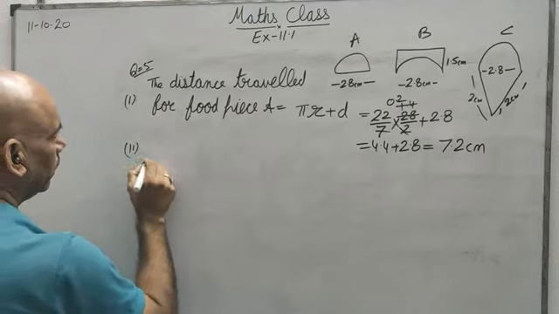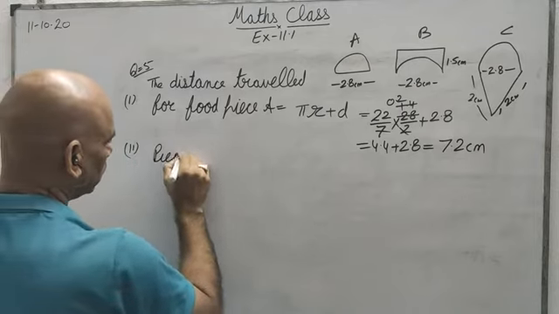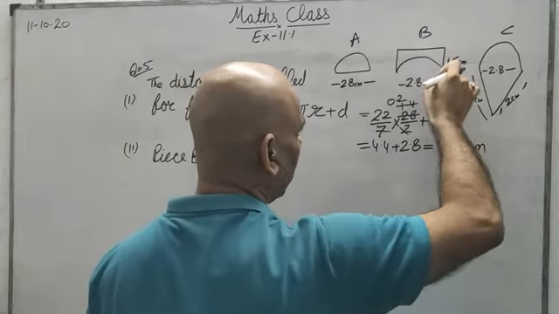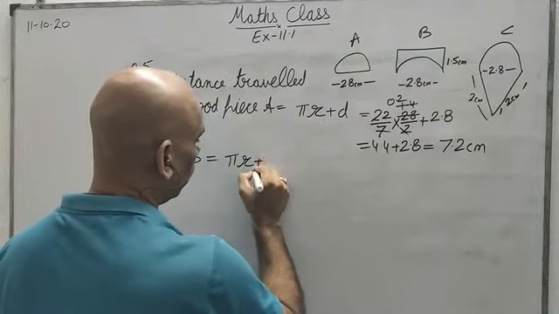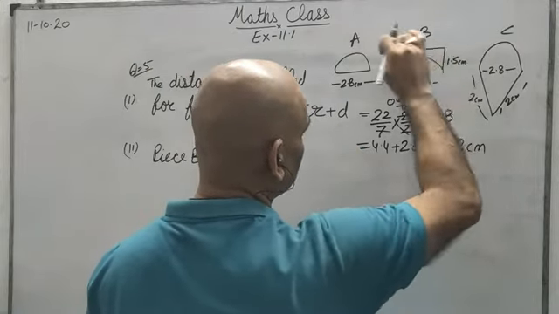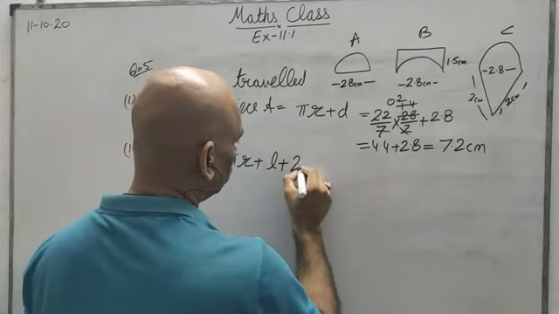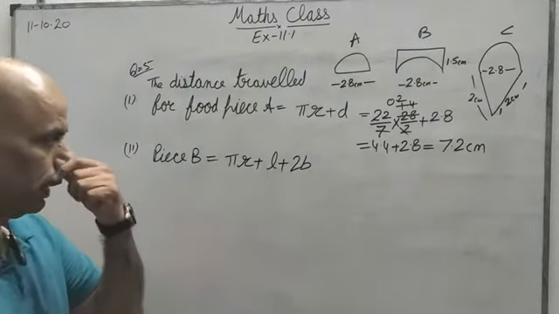What about second? Piece B. For piece B, I will have to calculate that pi r. This is pi r. Very good. This is B. This is L. So L plus 2B. Length is 2.8 and B is 1.5.